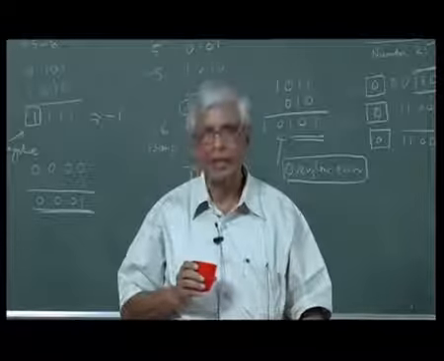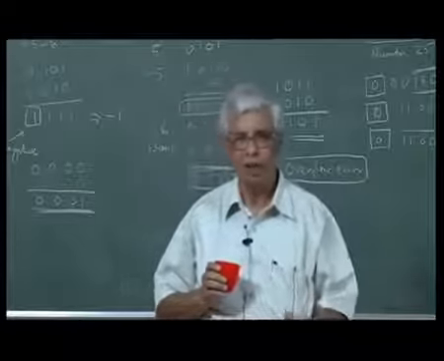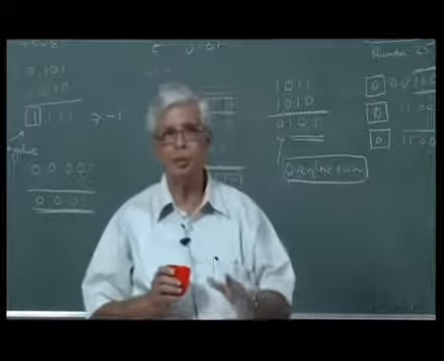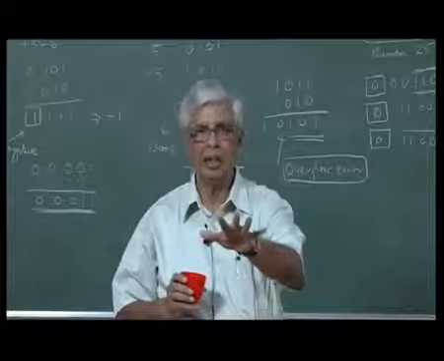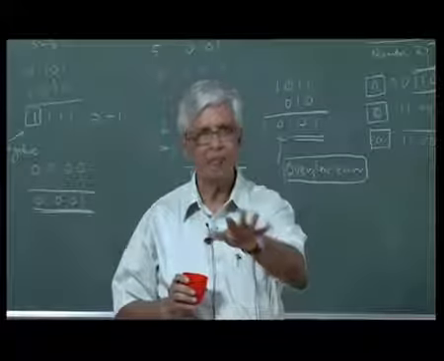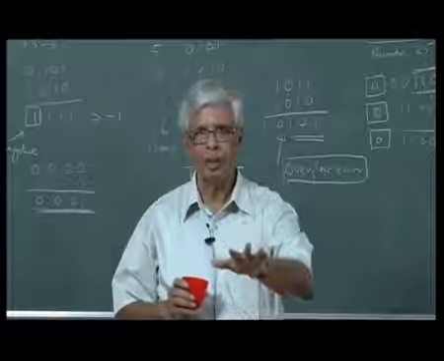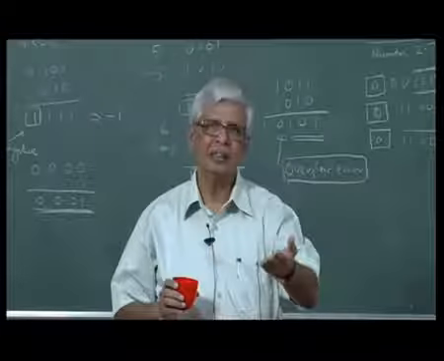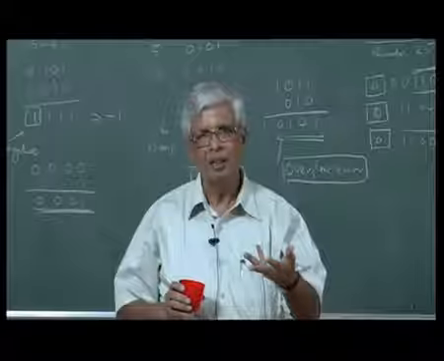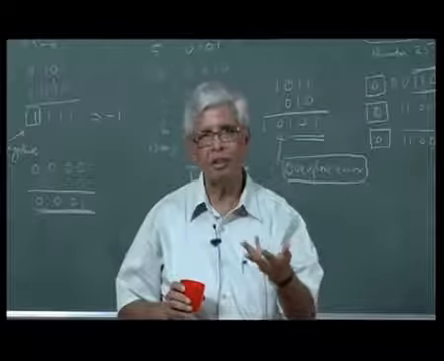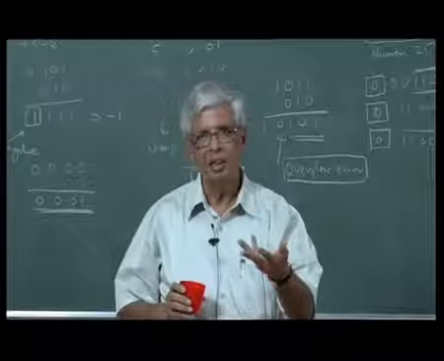You see, the fractional number you convert into integer and fractional part in binary, right? That is the first step. Then you convert it to one's complement in the regular way. Where is the question of error there? No, sir.